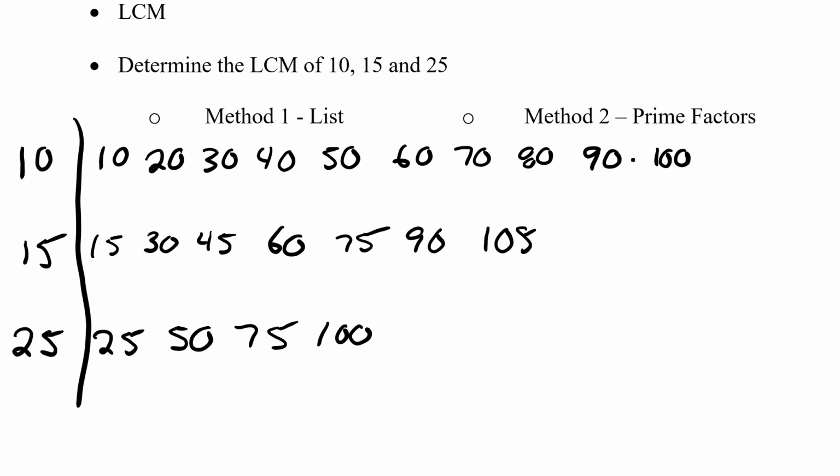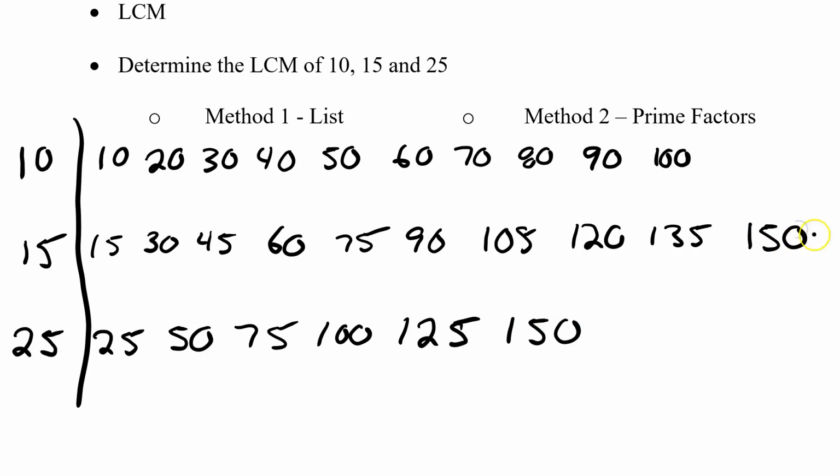Let's keep going higher. Let's go to 125 on this list. Let's go to 120 on this list. Well, that didn't work. Let's go to 150. Let's go to 135. Let's go 15 more is 150. I've got it working in two lists.